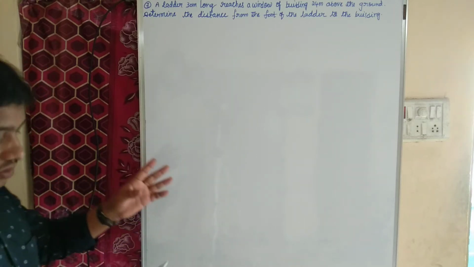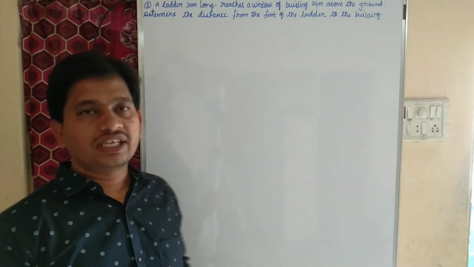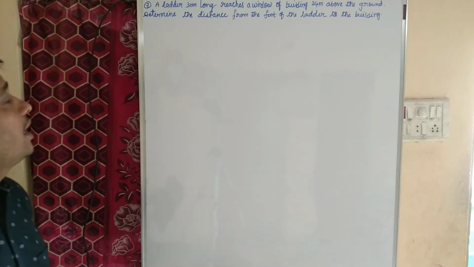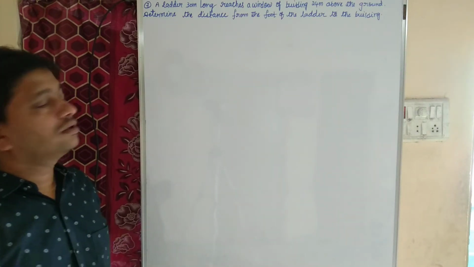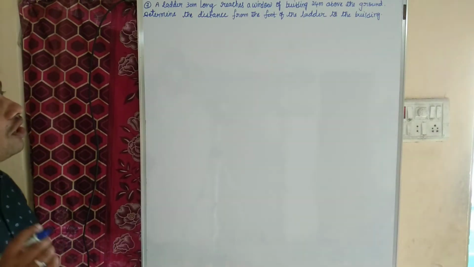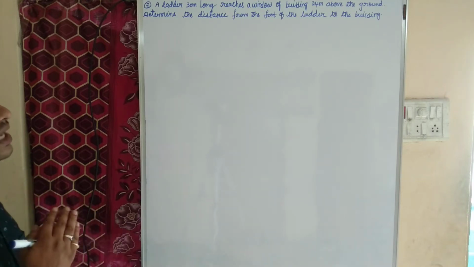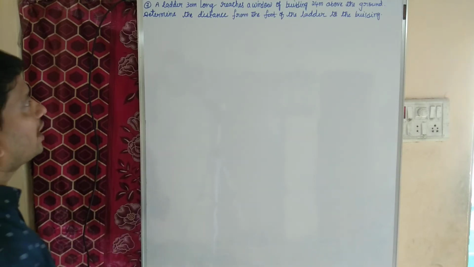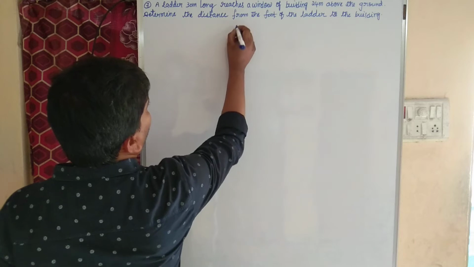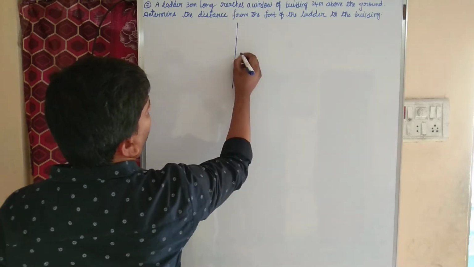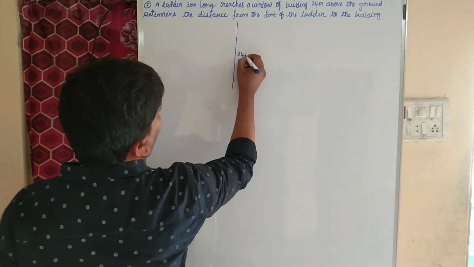Now coming to group B, 7th question. A ladder 30 meters long reaches a window of a building 24 meters above the ground.